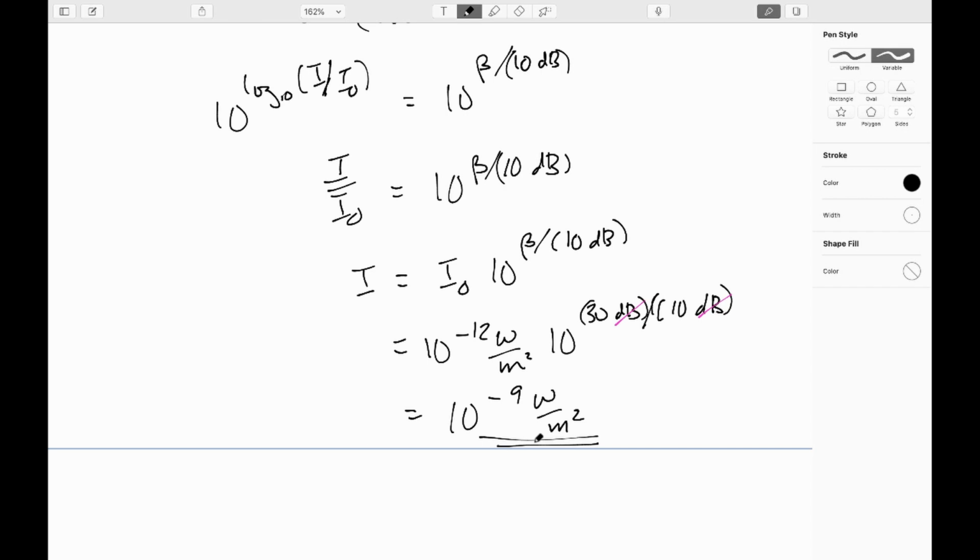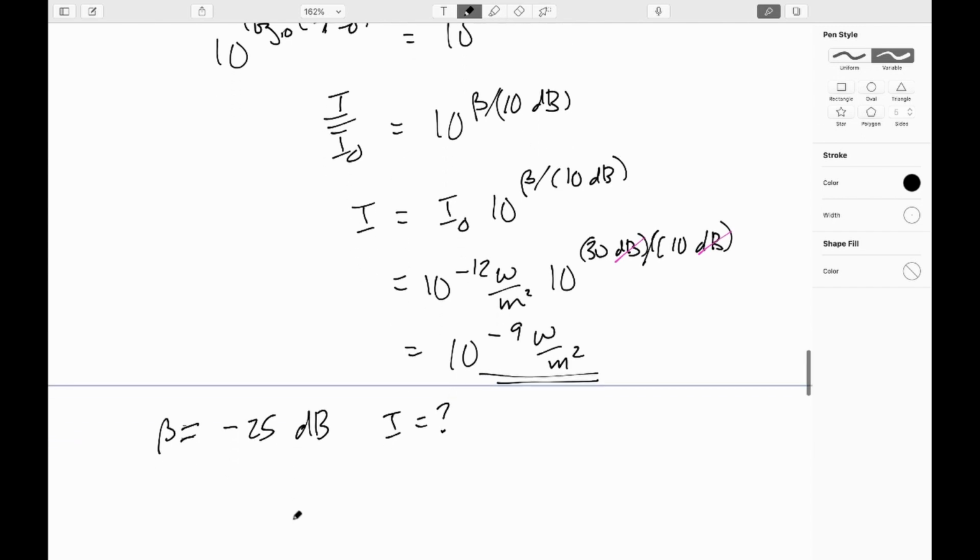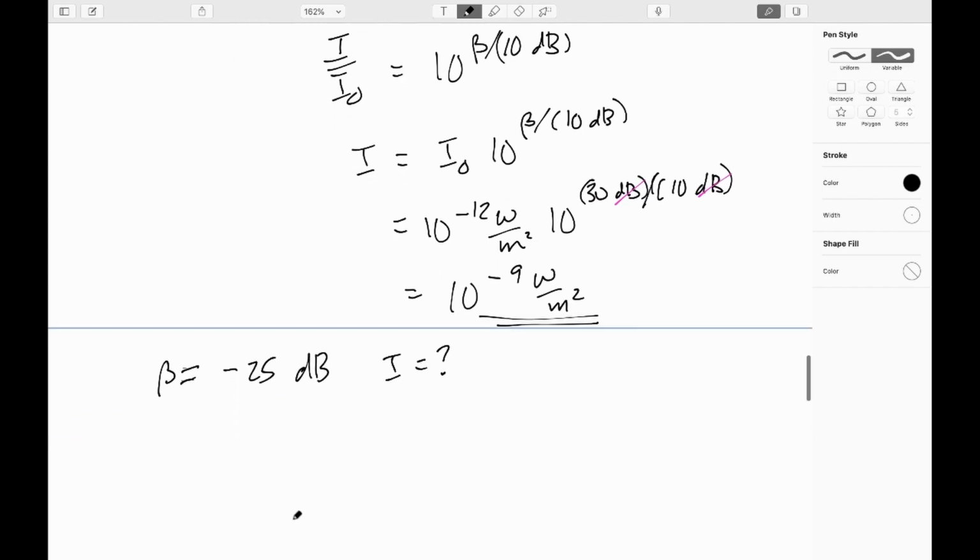Let's just, for completeness' sake, take a look at what it would be if beta were equal to negative 25 dB. What would the sound intensity be then? Since beta goes negative here, we know that I will have to be less than 10 to the negative 12 watts per square meter.